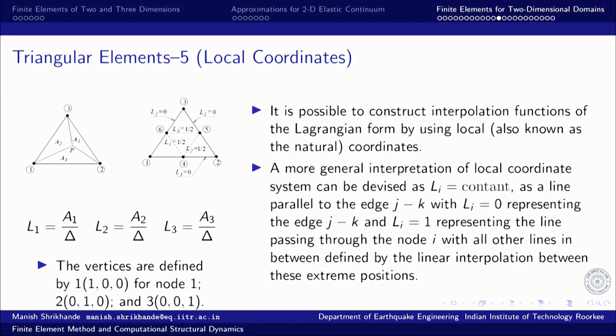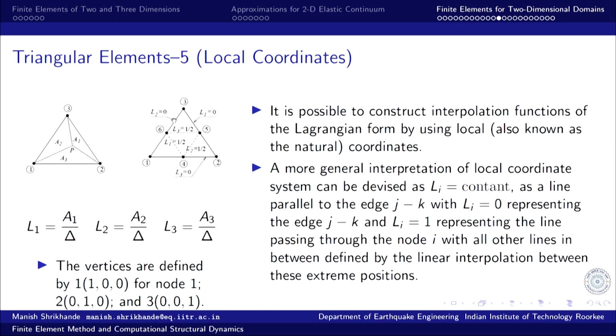So, that means it has to vanish along this particular edge and along this particular edge. I can get the interpolation function for node 4 satisfying that criterion by just multiplying L1 with L2. L1 vanishes along this line and L2 vanishes along this line, right. So, if I multiply L1 and L2, I satisfy the criterion. What is the value of L1 and L2 along this line? It will always be 0.